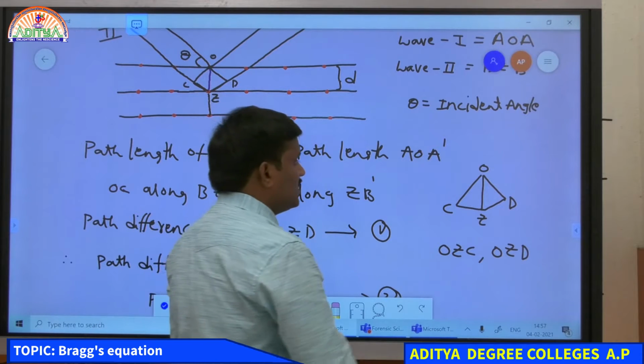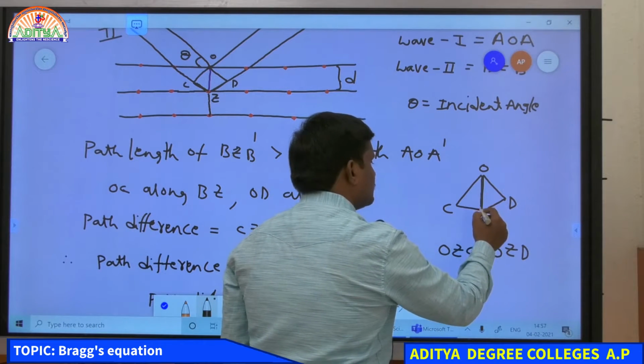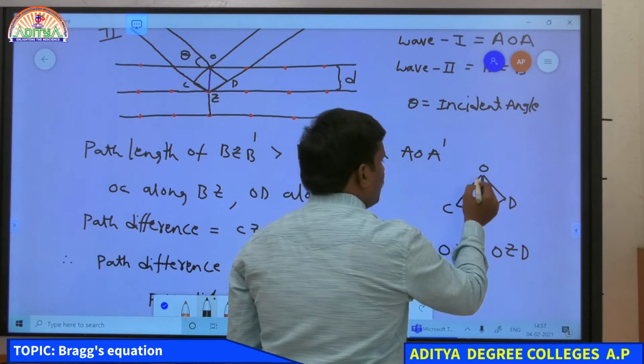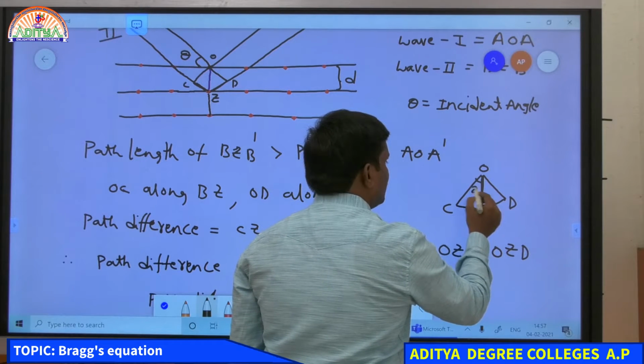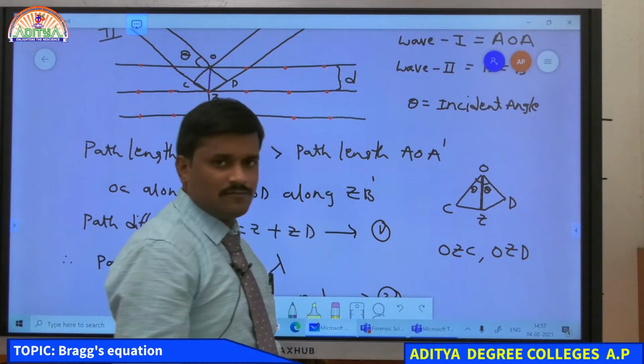These two triangles have one same length and also the same angle theta. The angle is the same and the length of the shared side is also the same.